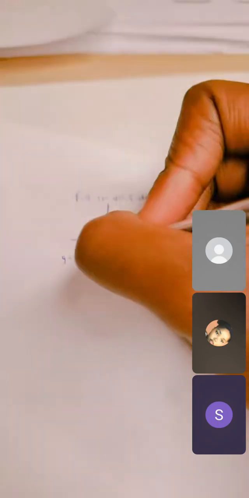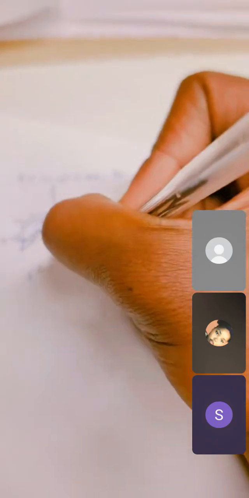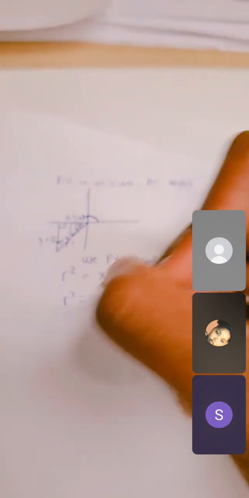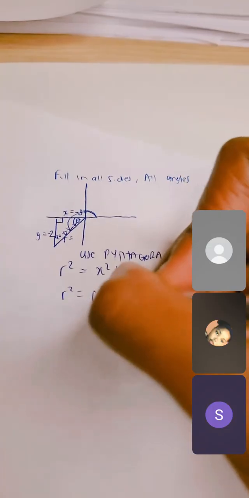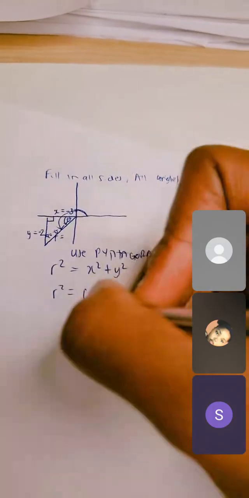Now, what don't we have here? We don't have the hypotenuse. So we use Pythagoras to find the missing side. R squared is equal to x squared plus y squared. R is what we are looking for. X, negative 3 squared. Y, negative 2 squared.